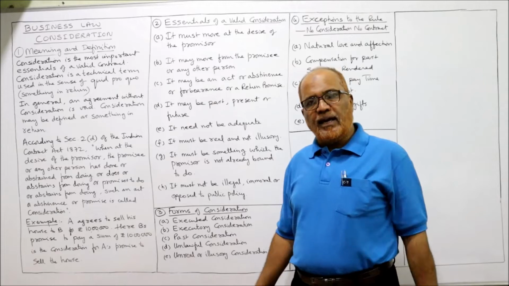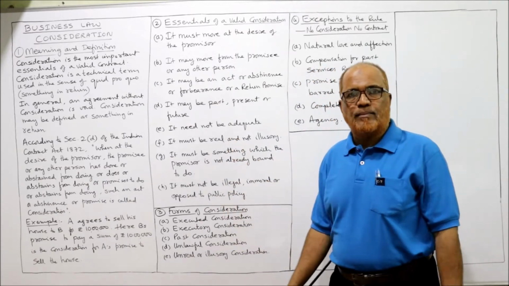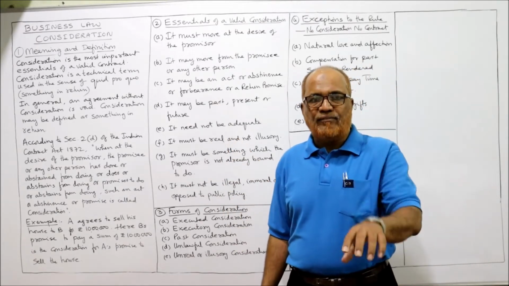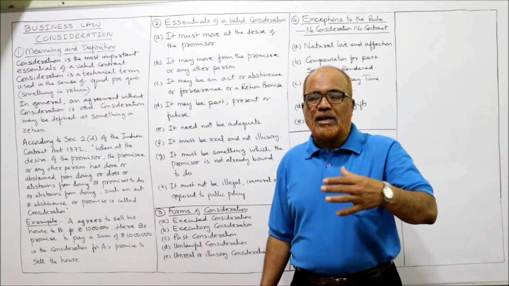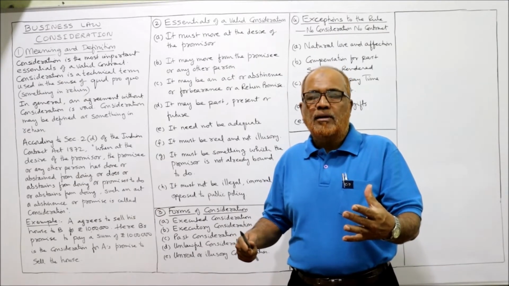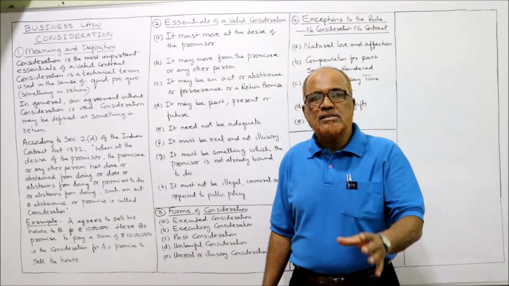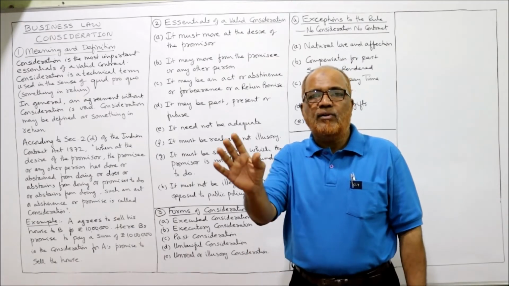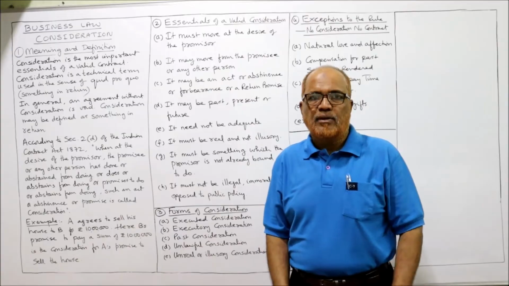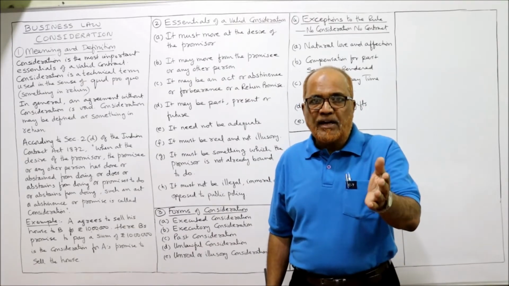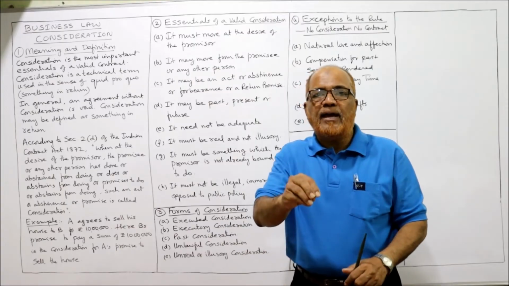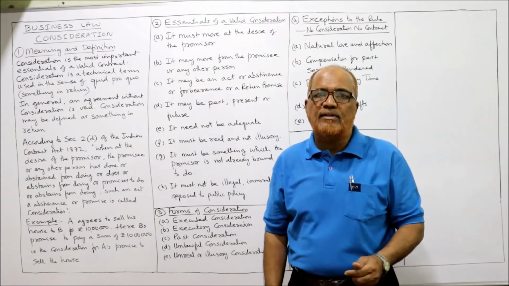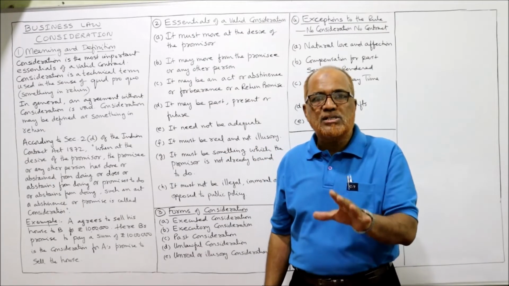There is again a case law on this forbearance. D is the wife. D is ready to sue her husband. But the husband says, I will give you a monthly household allowance. Don't sue me.